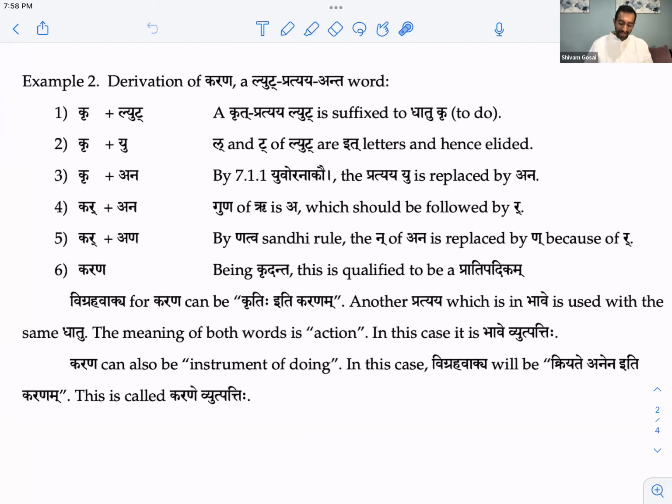Now, one of the effects of lyut is that you can get guna in the anga. So the guna of r, this r vowel, is a, followed by repha, rakara. So kr becomes kar.